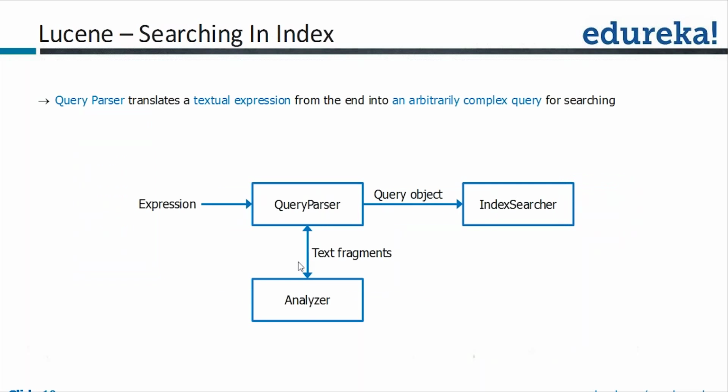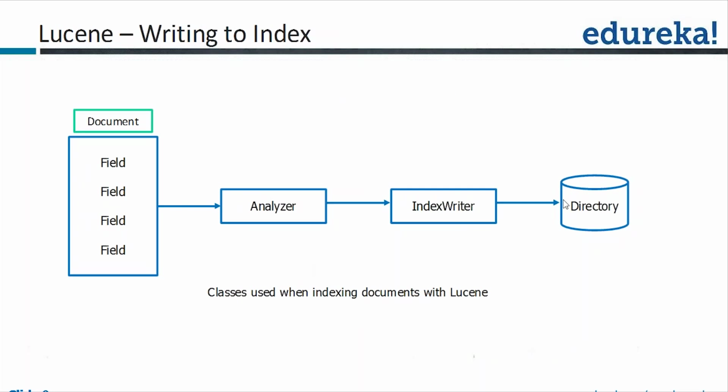So we have the way in which we are writing the index data. You can think of a document as a record which has been fetched from a traditional RDBMS table. Like you search for a record from a table, in a similar manner we search for a document from a collection.